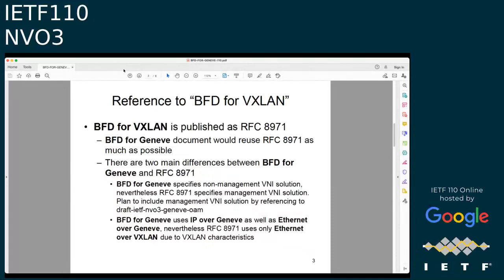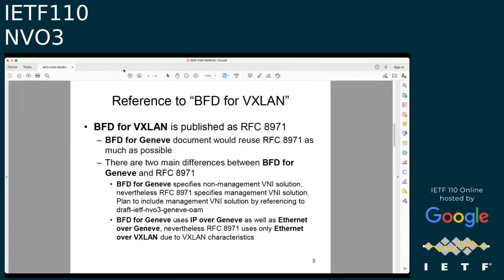Otherwise, there are two main differences between BFD for Geneva and RFC 8971. Number one, BFD for Geneva specifies a non-management VNI solution. Nevertheless, RFC 8971 specifies a management VNI solution.